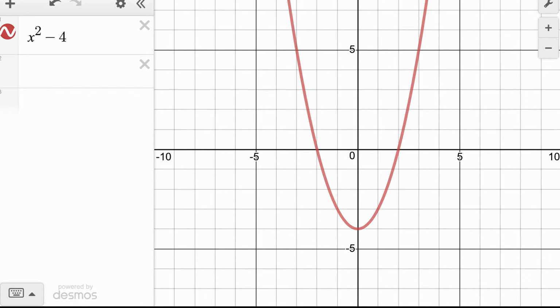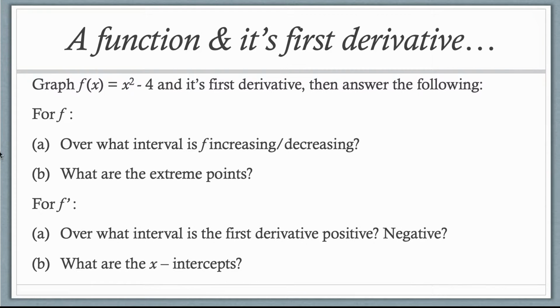Okay, so for this exploration of a function and its first derivative, I'm going to use Desmos. And I have our function x squared minus 4. Now just a reminder, we're looking at answering these two questions: over what interval is f increasing and decreasing, and what are the extreme points?